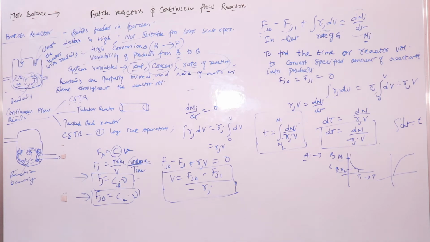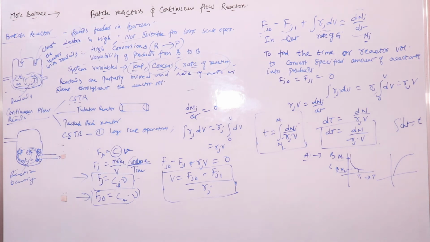Perfectly mixed means that, since it is a continuous stirred tank reactor, the stirring is so efficient that the concentration of reactants is the same at every point inside the tank. So the concentration at the exit is the same as inside the tank.